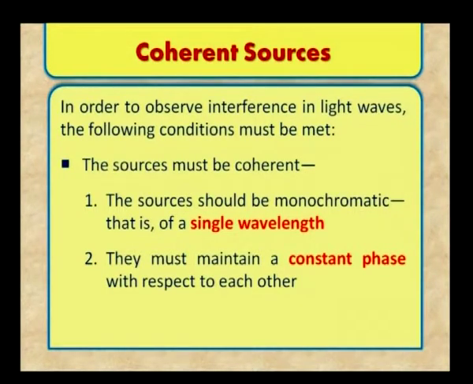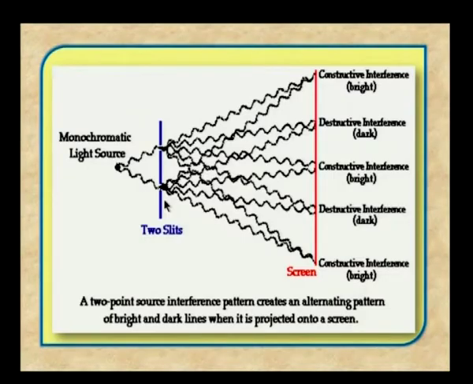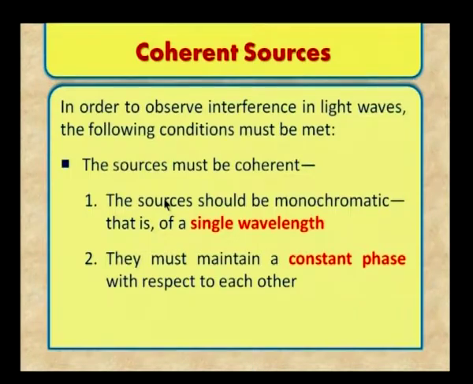Again, the phase difference between these two should be either constant or 0. They must maintain a constant phase with respect to each other; a constant phase difference or a constant phase, both are the same. Constant phase means when a crest comes at a particular point from source S1, again a crest should come from the other.